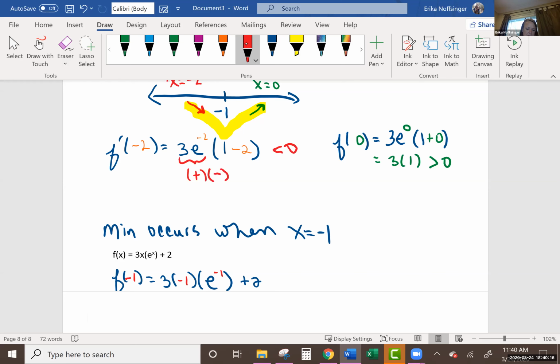So that's -3 divided by e, and then plus 2 outside. So that gets me approximately 0.9. Okay, so the min occurs at 0.9. So that's our min value.